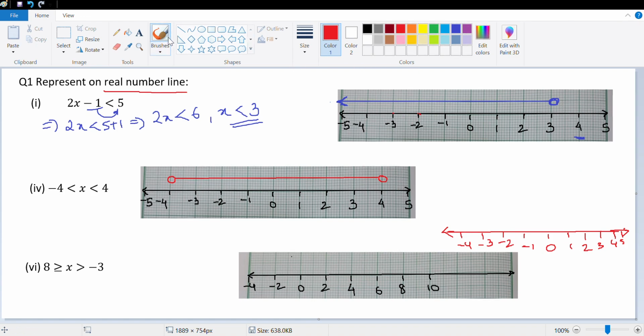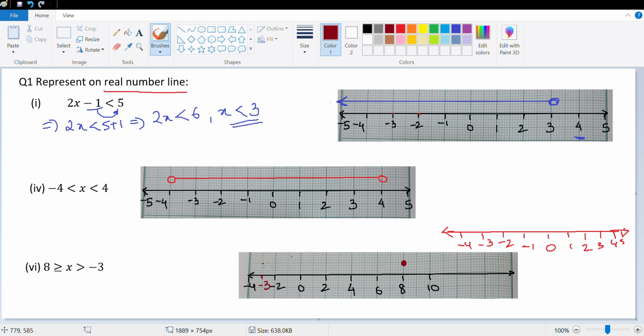The next one is 8 is more than or equal to x, which is more than negative 3, which means x is less than or equal to 8, so I will put a filled circle on 8, and x is more than negative 3, which means this point is negative 3. Let me mark this as negative 3.